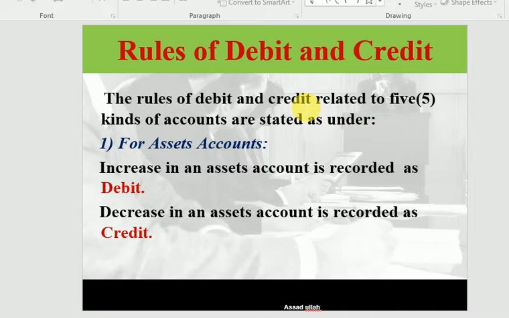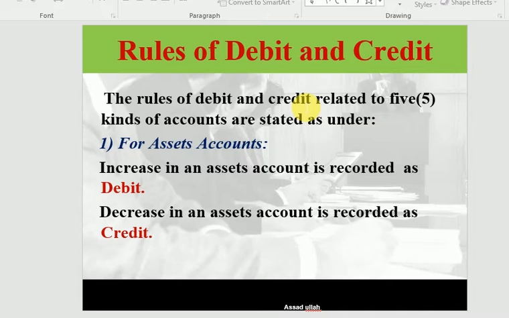So dear students, as you know, we have 5 kinds of accounts. First one is assets, second liability, third capital or owner's equity, fourth revenue, and fifth expenses. Total accounts consist of these 5 main accounts.